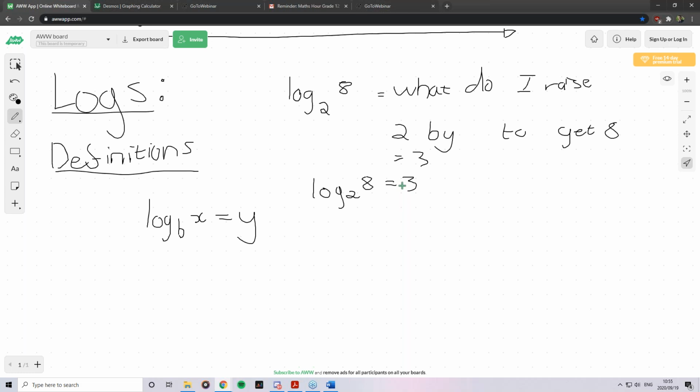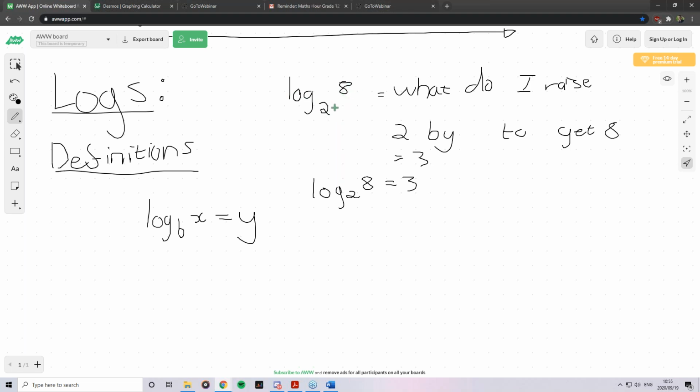On your calculator, you have the log button. Log base 2 of 8 is 3. So if I see a log, I can in my brain say what log base 2 of 8 means. It just means 2 to the power of what gives me 8.